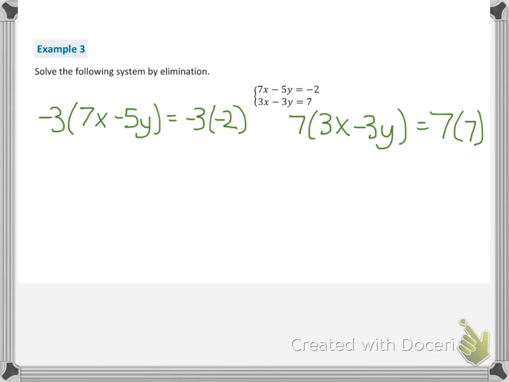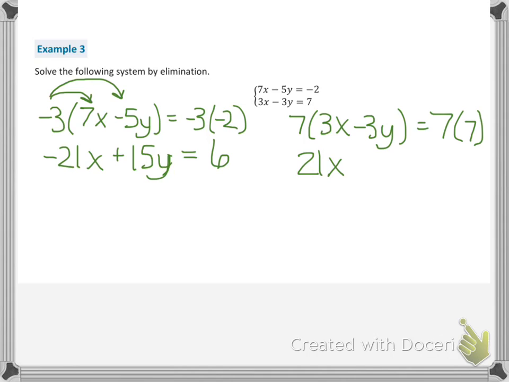All right, so let's simplify the next step. I'm going to have -21x plus 15y. Notice -3 times -5 is positive 15. And then that's equal to -3 times -2, or positive 6. And then over here, I'm going to have 21x minus 21y is equal to 49.